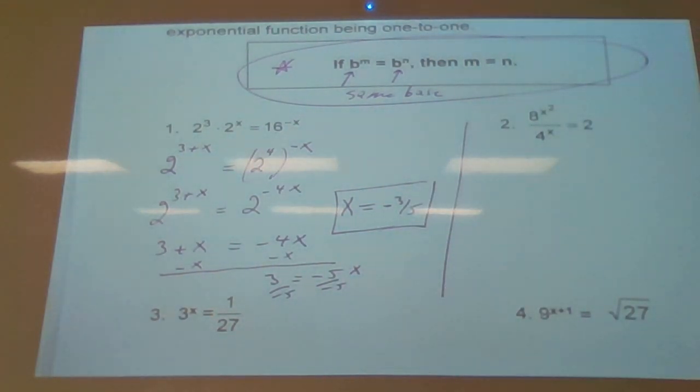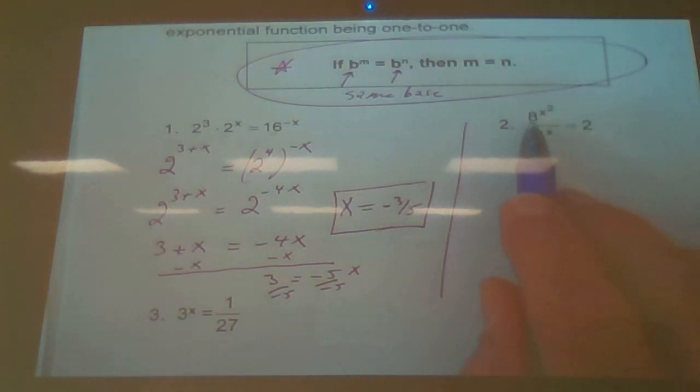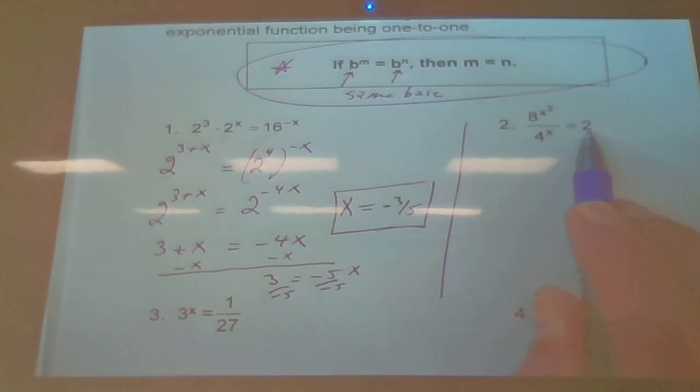So the key is fixing the base. Look at example 2. 8 to the power x squared divided by 4 to the power x equal 2. So I see a 2 base, 4 and 8. Can we change 8 into a base 2? Yes.